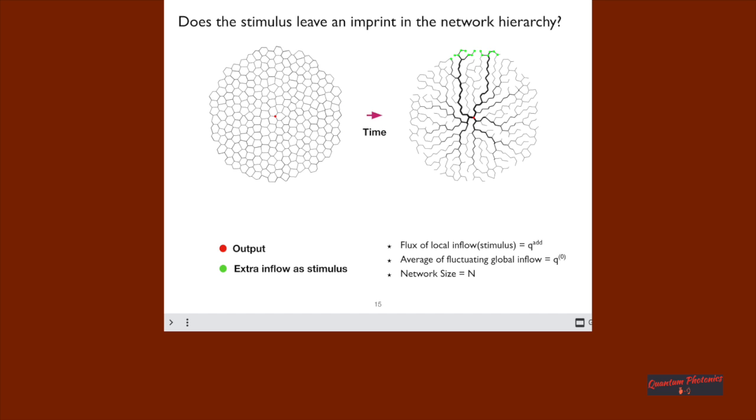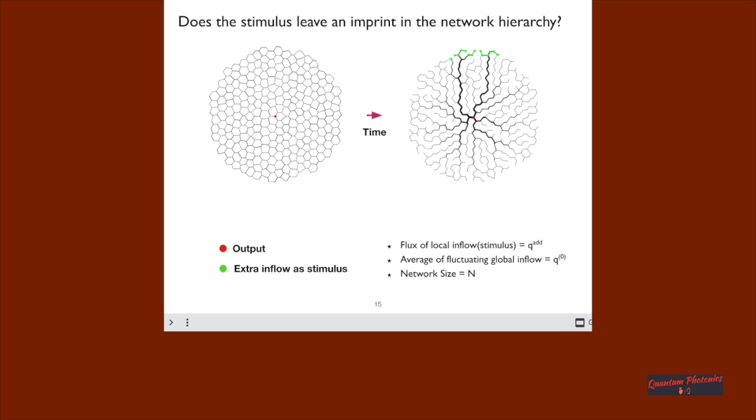So after establishing the model of biological flow networks, if you go to slide 16, I start now thinking about how to quantify memory in such adaptive flow networks. And as you can understand, it's not so straightforward to quantify and understand memory in adaptive flow networks.